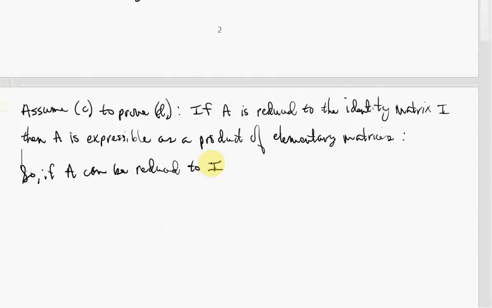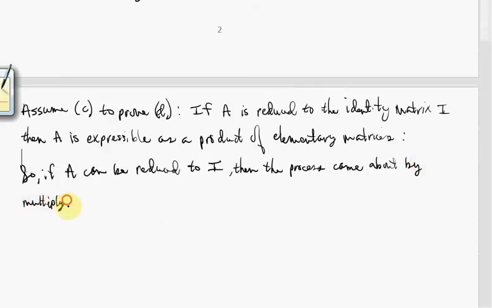Here, if A can be reduced to I, then the process came about by multiplying the matrix A by a single elementary matrix.